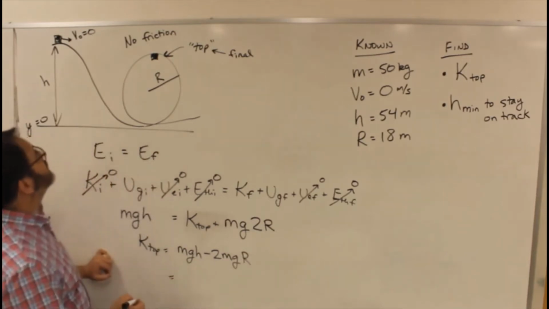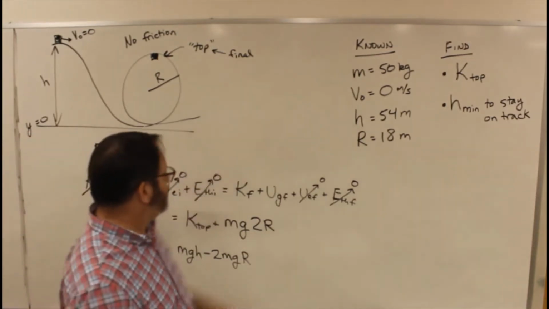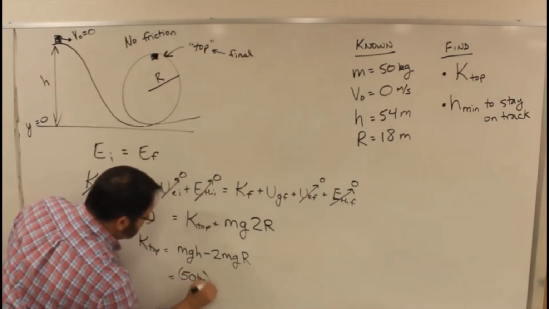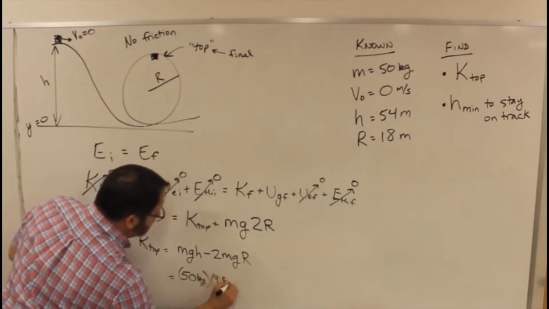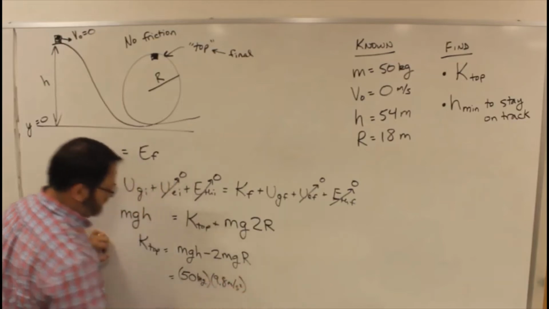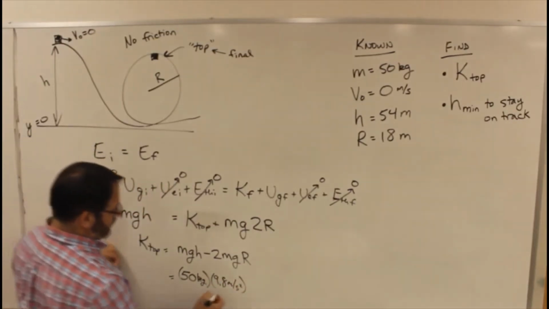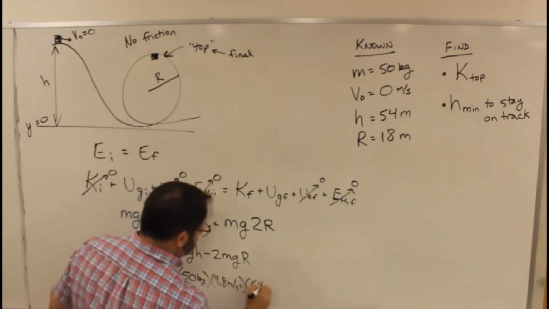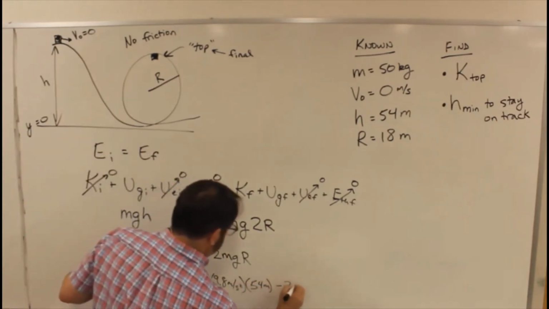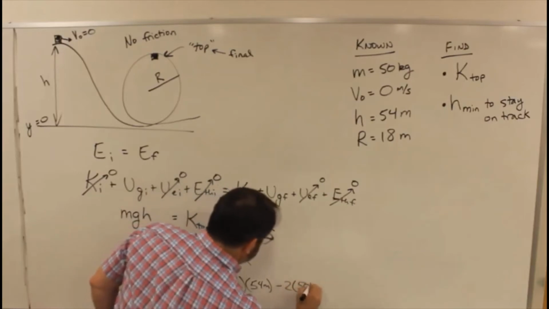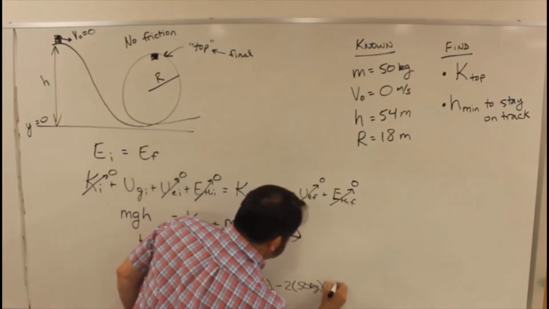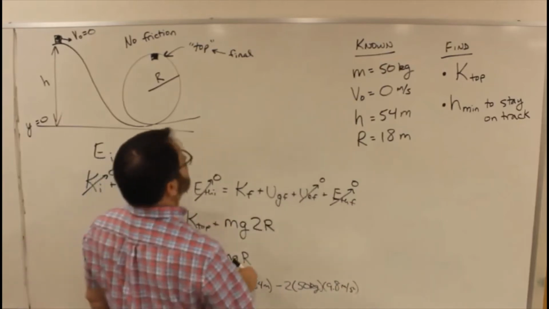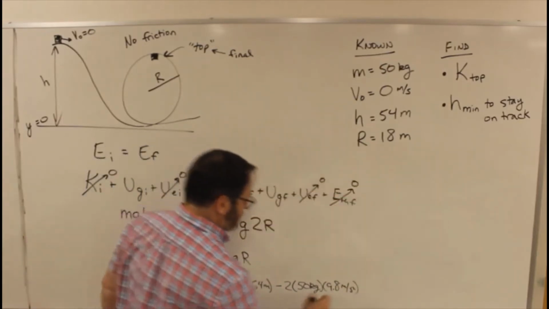So that is, mass is 50 kg, 9.8 meters per second squared, times h was 54 meters, minus 2, 50 kg, 9.8 meters per second squared, R, 18.